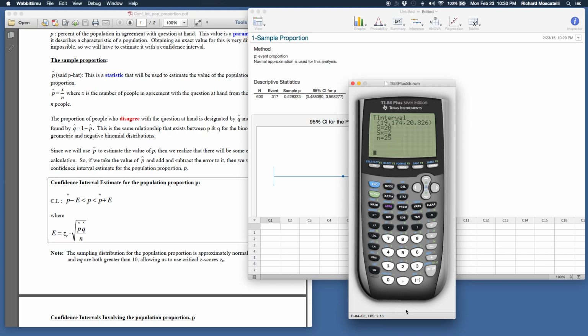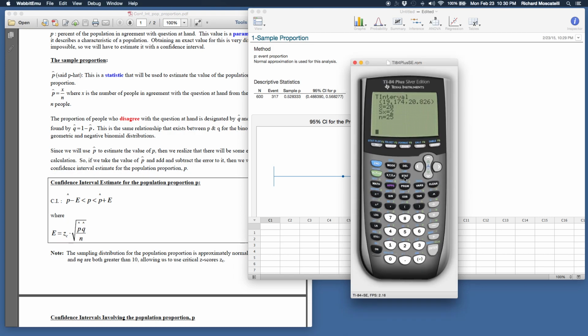Now, the same procedure can be done in the calculator. It's just as easy. You access the statistics menu by hitting stat. Bouncing over to the test menu, so move over there. And then you have to follow down for a while and locate the confidence interval for proportions.